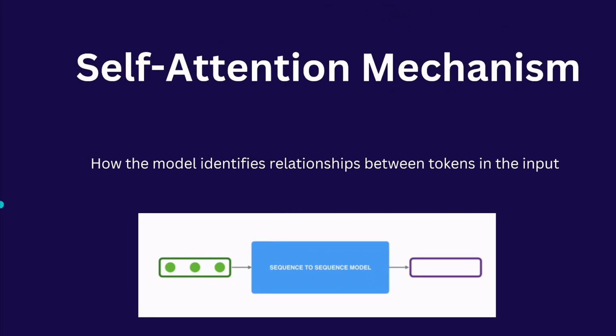So the next one is the self-attention mechanism. The self-attention mechanism is a key component of the transformer architecture because it enables the model to identify the relationships between tokens in the input. By calculating specific attention scores between tokens, the model can focus more on relevant parts of the input when generating a response.